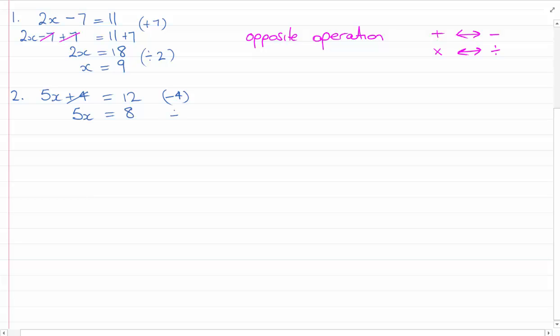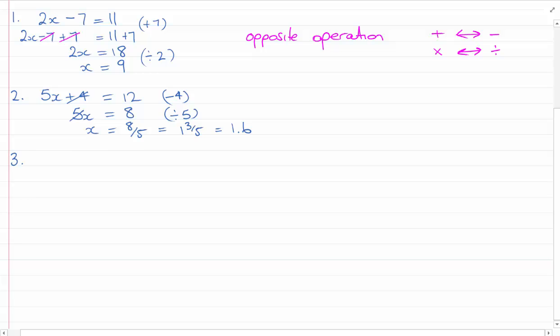Now I'm going to divide by 5, because it's 5 times x, and to remove a multiplication I divide, and I do that on both sides, which gives me x, and 8 divided by 5 is 8 over 5, which is also equal to 1 3/5, or is also equal to 1.6. Any of those three answers are appropriate here, and it really depends on the question.